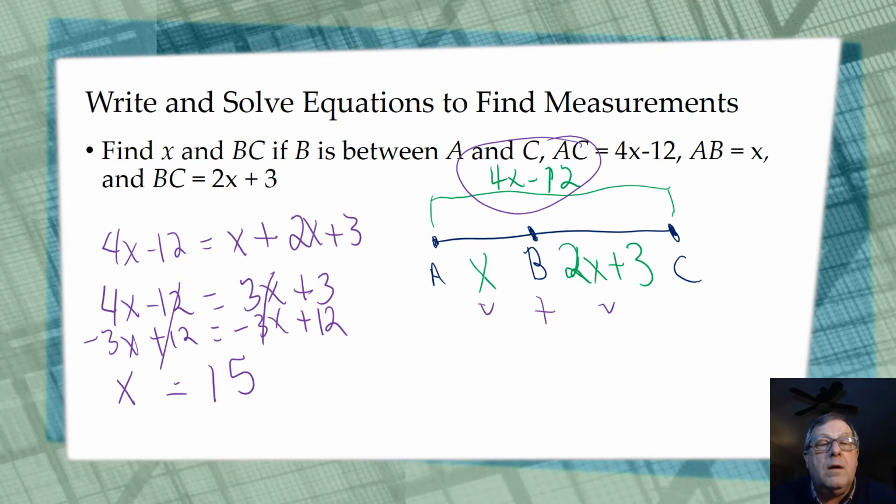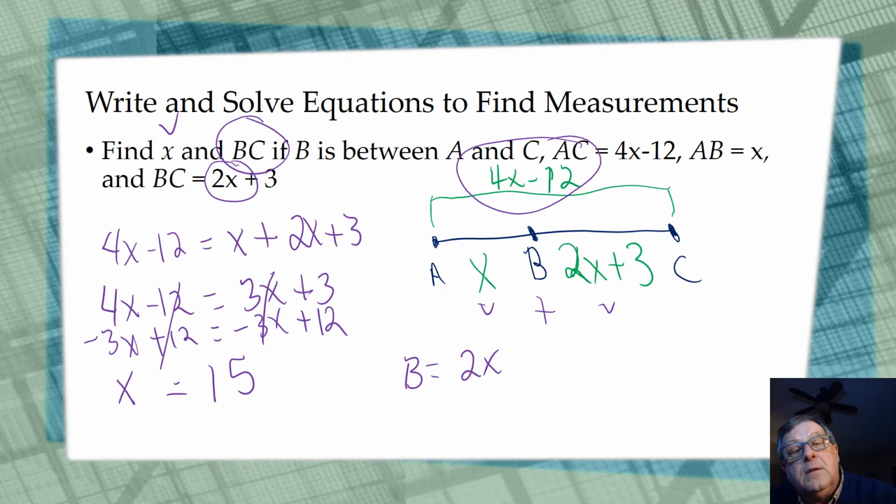Okay, well, now I'm going to substitute in x in this equation for BC, because that's what I'm asked to find. I found x. Now I want to find BC. So BC then equals 2x plus 3. Let's substitute in 15 for x. So BC equals 2 times 15 plus 3.